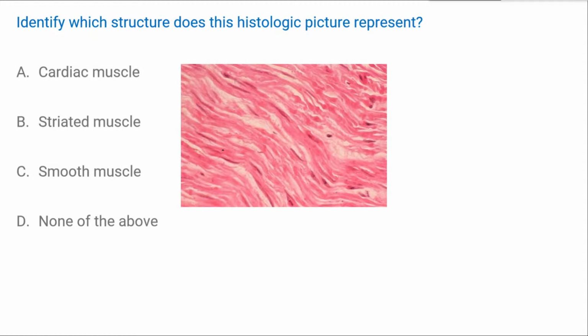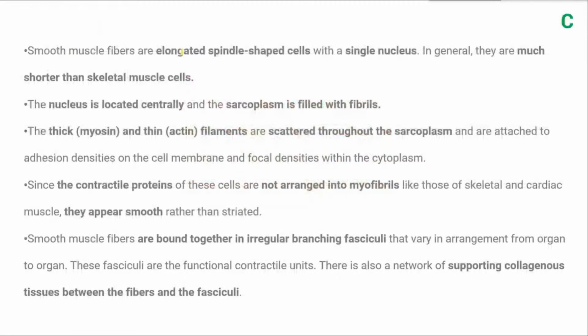As we can see very clearly in the histologic picture that was given, it is a smooth muscle. Smooth muscles are spindle shaped cells with a single, centrally located nucleus, with sarcoplasm filled with fibers, and the contractile elements, that is the actin and myosin filaments, are not arranged in myofibrils.